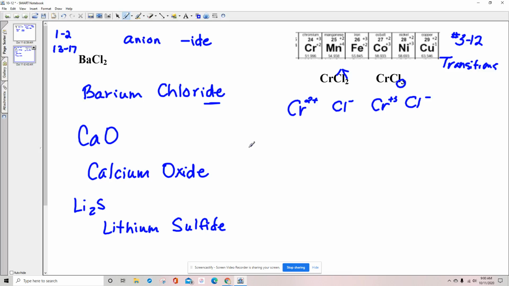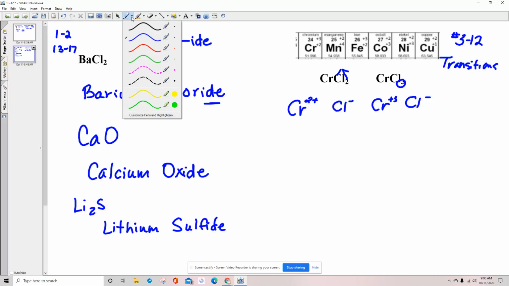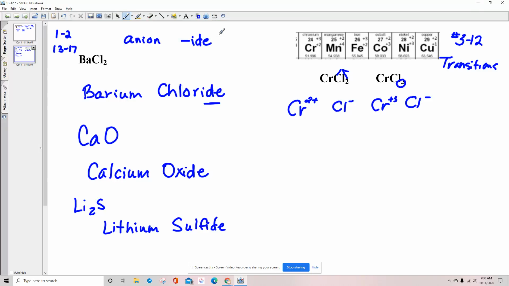Now, why does that matter? The reason that matters is that we have to put a Roman numeral after these in order to let us know which one we're using. So instead of just being chromium chloride, this one actually becomes chromium(II) chloride, because it's the 2+ chloride.